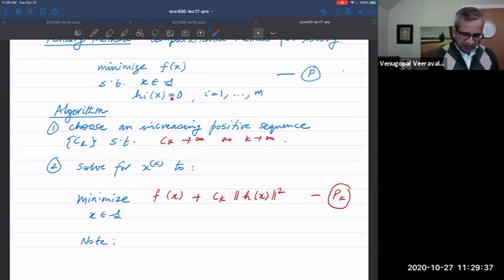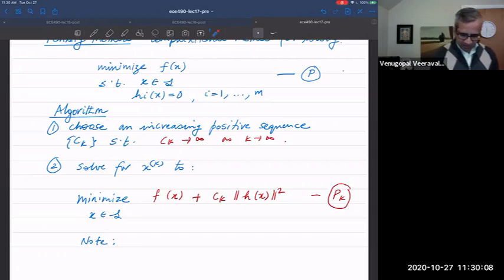Here, you're going to take these constraints somehow and put them into this penalty function. This might look a little familiar. This is the technique that we used in proving the Lagrange multiplier theorem. We absorbed. So this penalizes by making ck large, and you're penalizing any violations of the constraint that h(x) must equal 0.